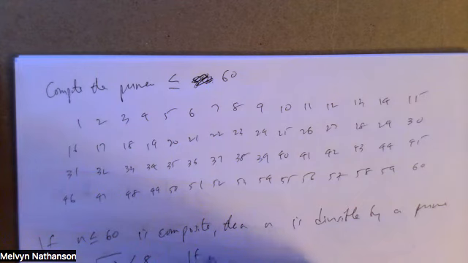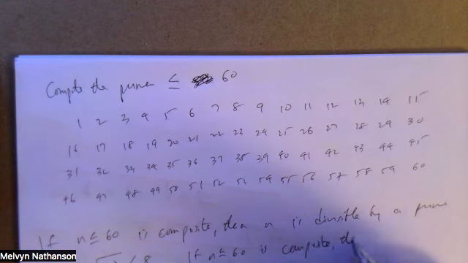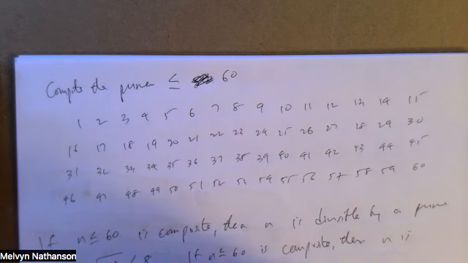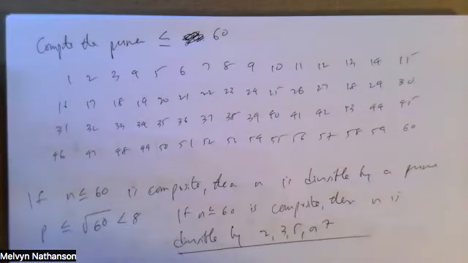So if n less than or equal to 60 is composite, then n is divisible by a prime less than 8: 2, 3, 5, or 7. Right? So this is really the fundamental fact. Every composite number less than or equal to 60 is divisible by 2, 3, 5, or 7.